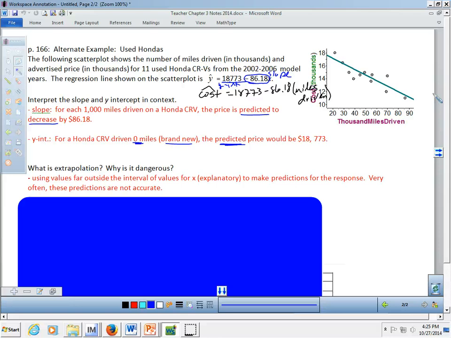I don't think so, right? So extrapolation means using x values way outside of our data window to try to make predictions for our response. And very often, those predictions are not very accurate. Okay? All right.